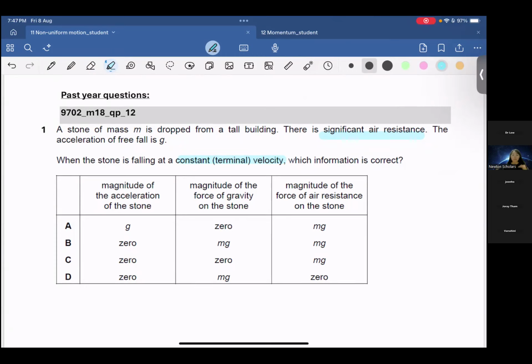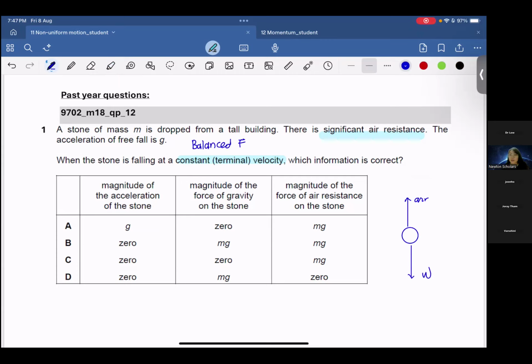At constant terminal velocity. Vashini already got the answer correct. When it is constant terminal velocity, as we mentioned last week, the forces are balanced, so your upward force, the air resistance, must equal your weight.